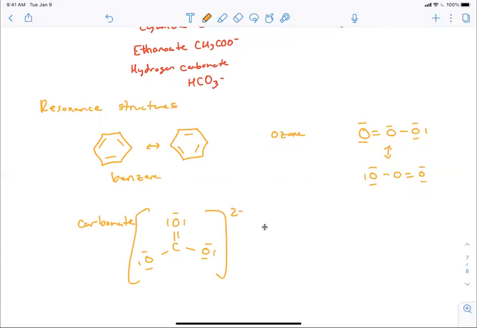The other one I think they really like a lot is ethanoate. Ethanoic acid can't resonate because there's a hydrogen bonded to the oxygen, but ethanoate has lost that hydrogen, so now the CO bonds are identical.